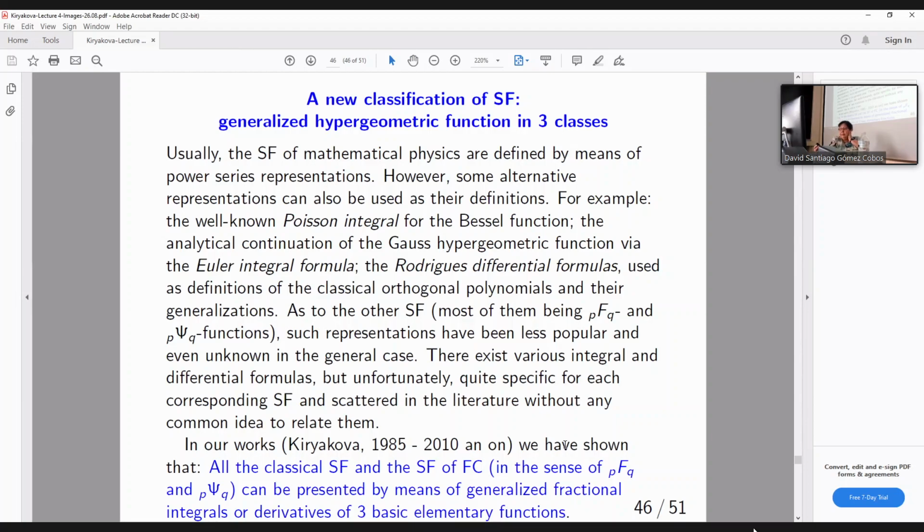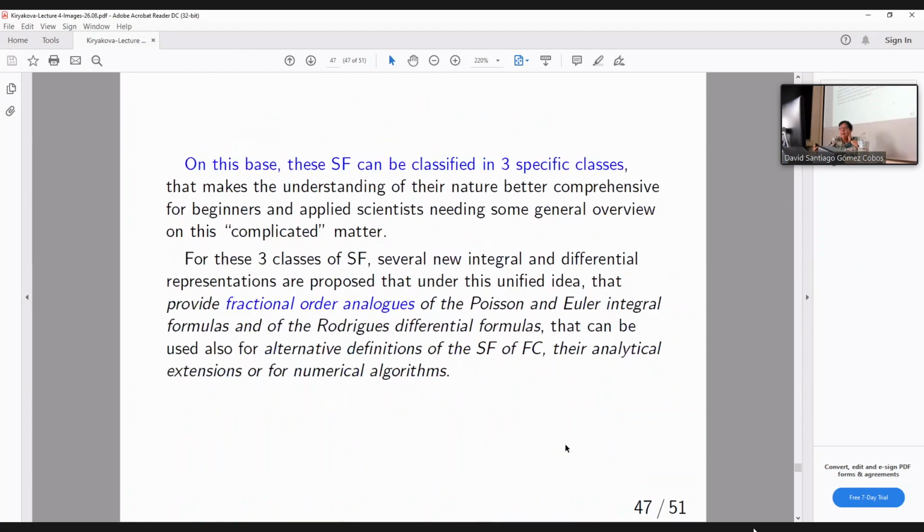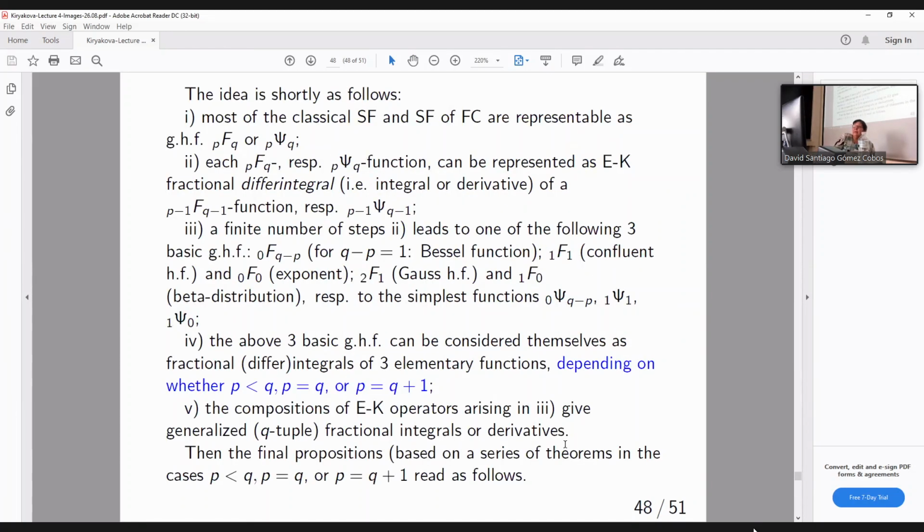So what do we mean? When I explain this, we can classify the special functions in three such basic classes, where we consider each of the special functions to belong to one of the classes. Well, the idea is the following.